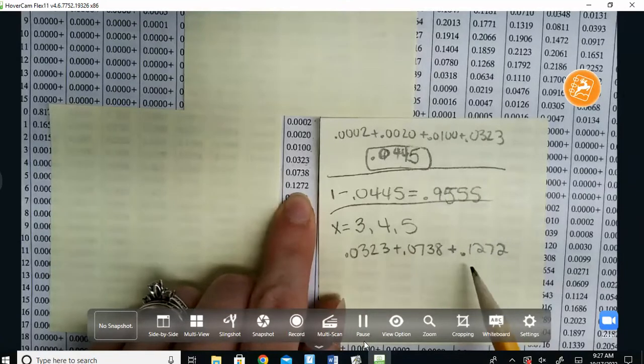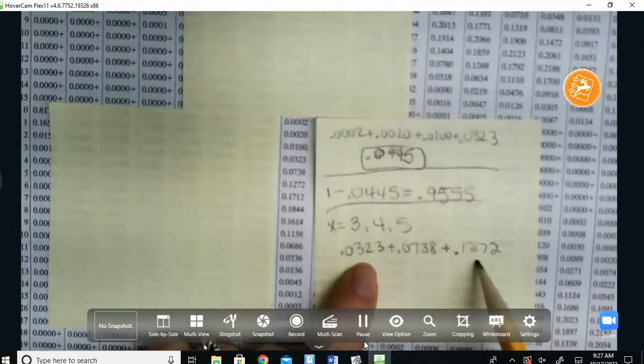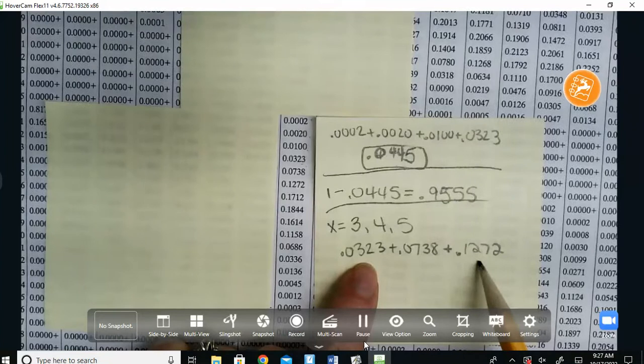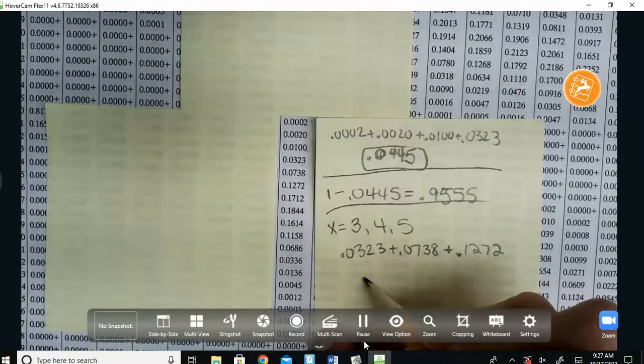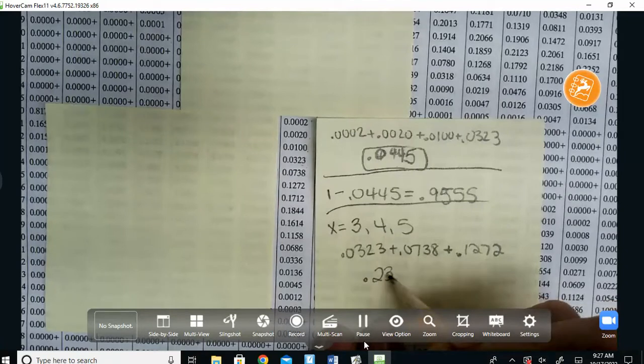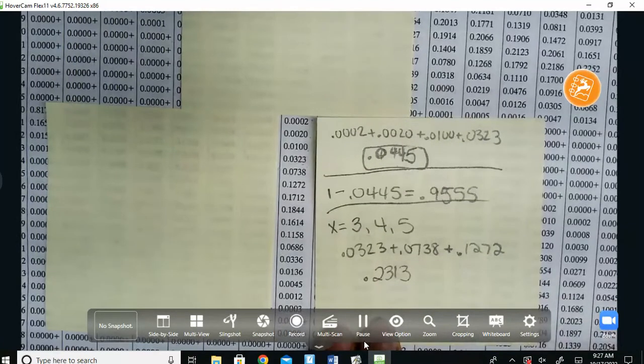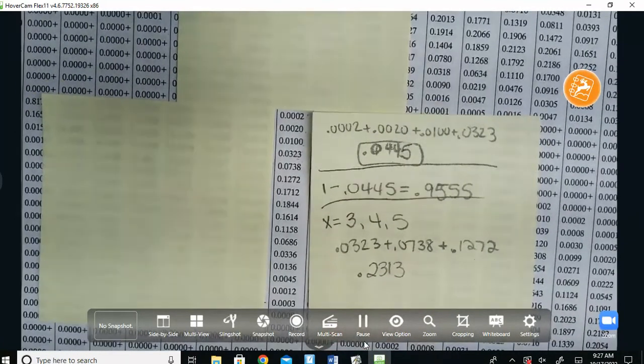And you guys add that. Tell me what you get. What is it? 0.2313. Is that what you guys got?